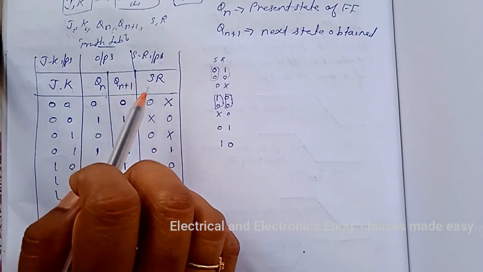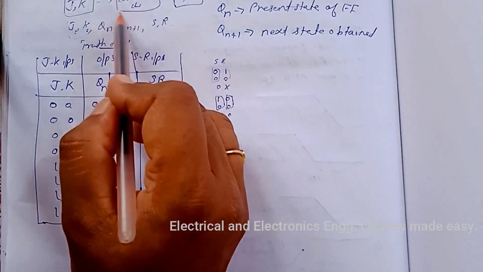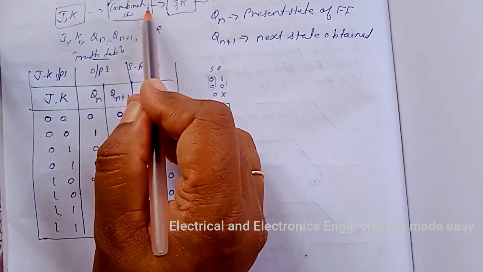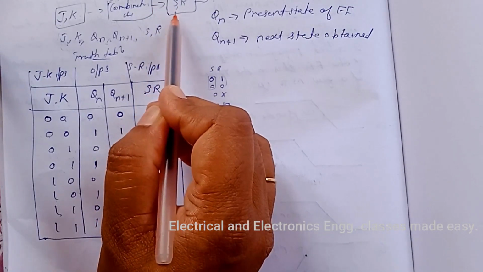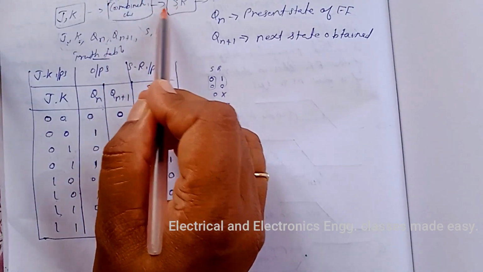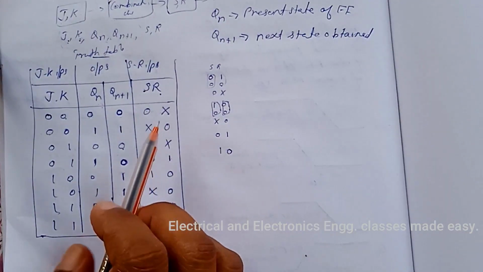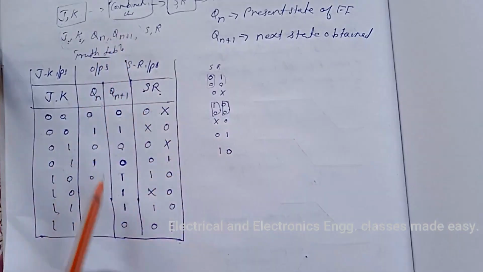Now we have to design S and R, that is here this is the combinational circuit, which is the input to the S and R flip-flop. So we have to design this one, that is inputs to S and R we have to design.